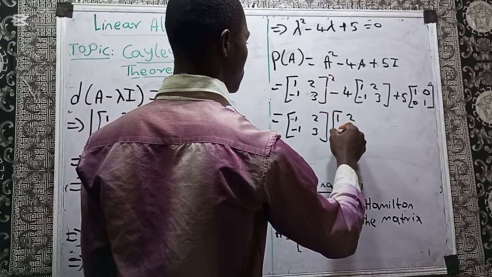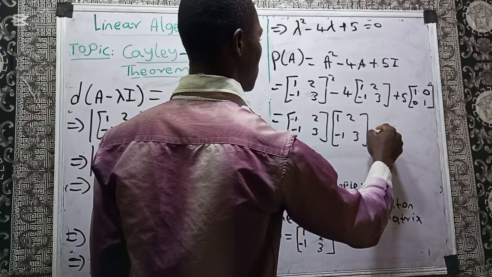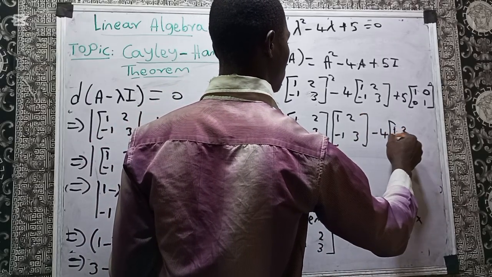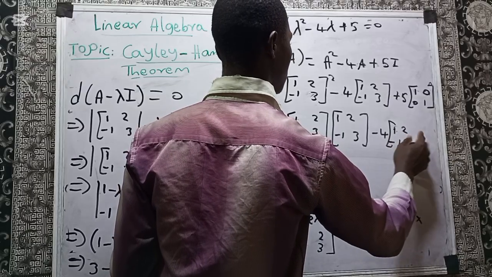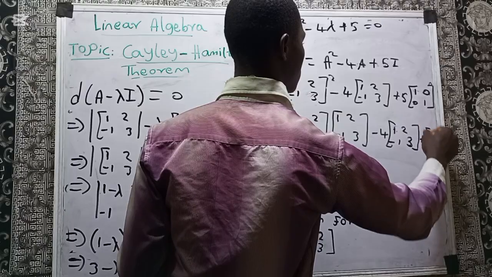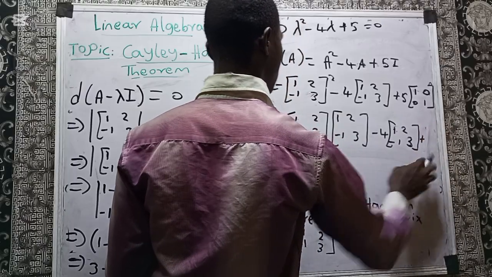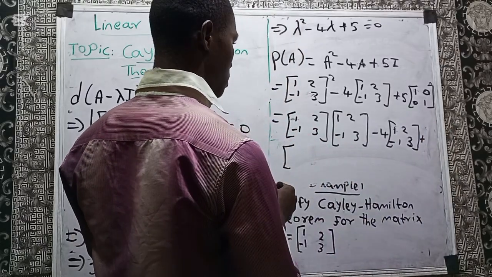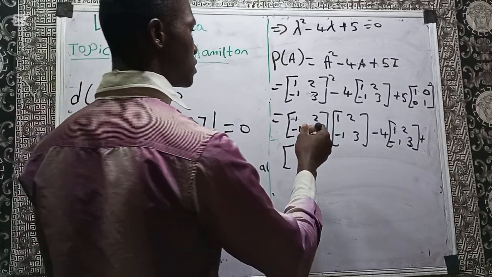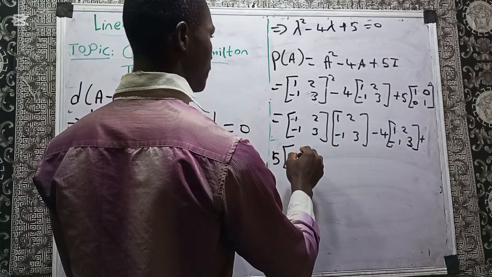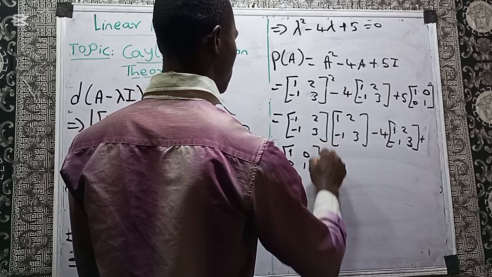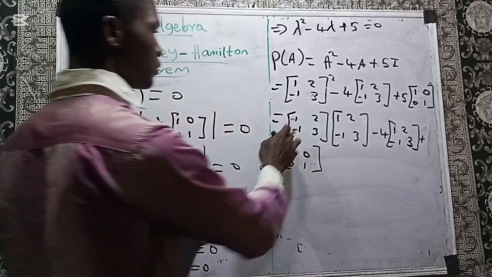Times 1, 2, negative 1, 3, minus 4 into 1, 2, negative 1, 3, plus 5 times 1, 0, 0, 1.